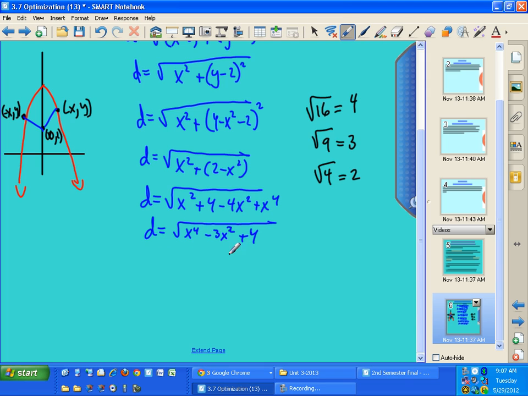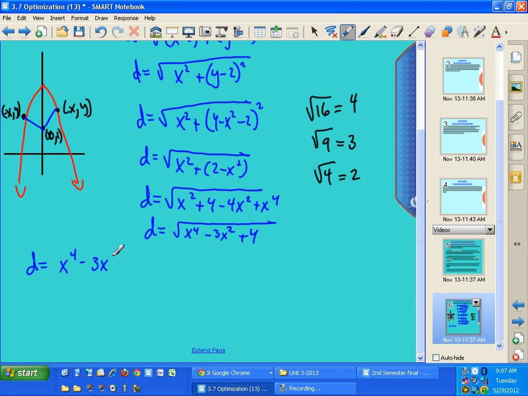If I get a small number, that's going to be the smallest number, because with the square root, you still end up with the same proportional size number. So because I'm taking the square root of a number that I'm trying to maximize or minimize, I don't need the square root, which will make life a little bit better for us.